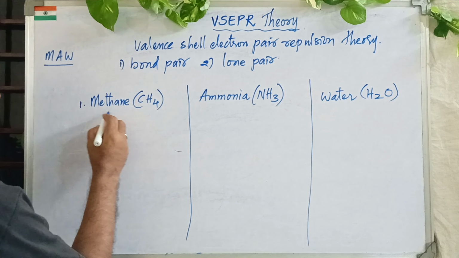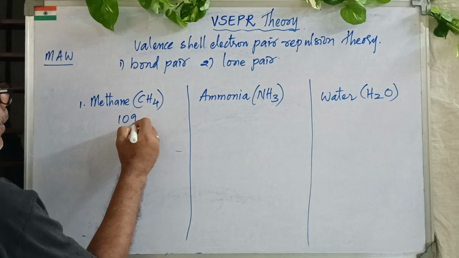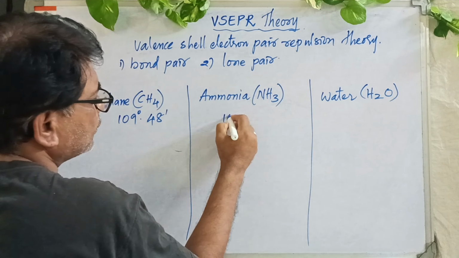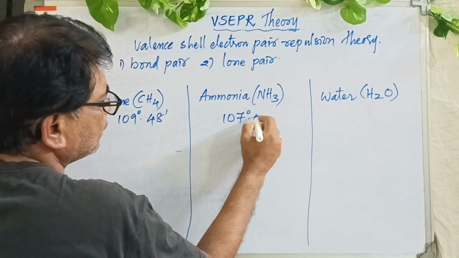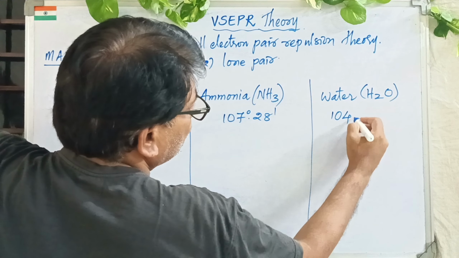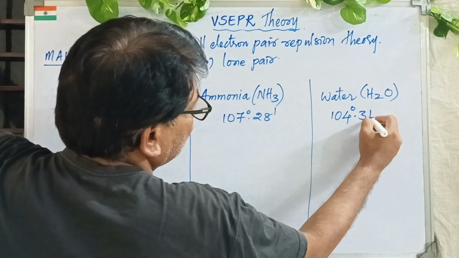You know the bond angle in methane is how much? 109 degrees 48 minutes. In ammonia it is 107 degrees 28 minutes, and in water it is 104 degrees 31 minutes.